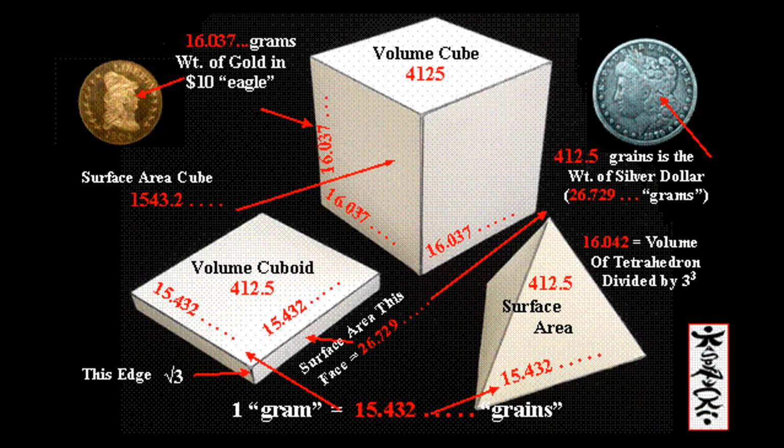Now, let's carefully study this following graphic. Look at the cube. It is our starting point. And keep in mind that what you are looking at is first and foremost pure geometry.